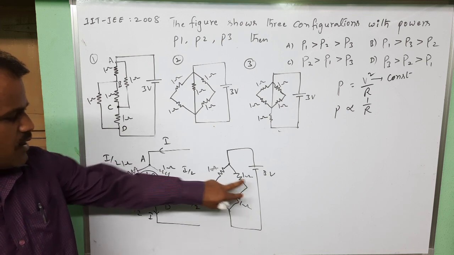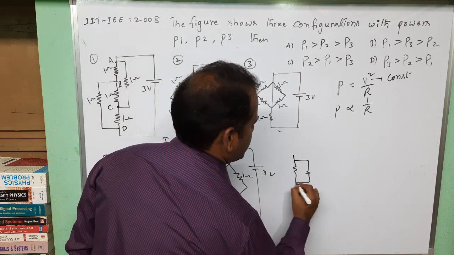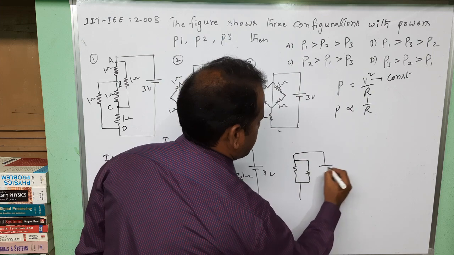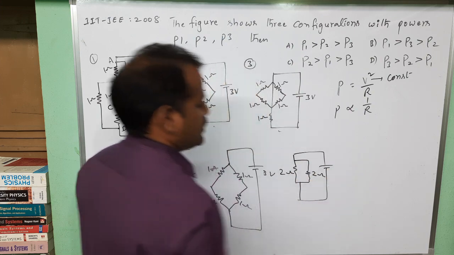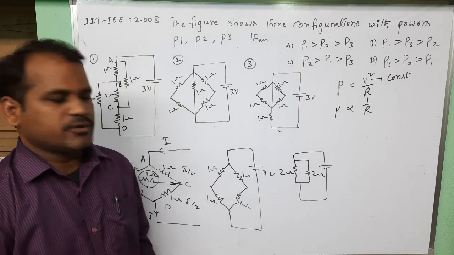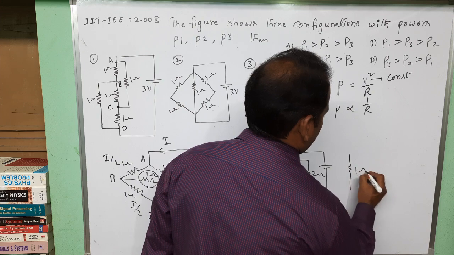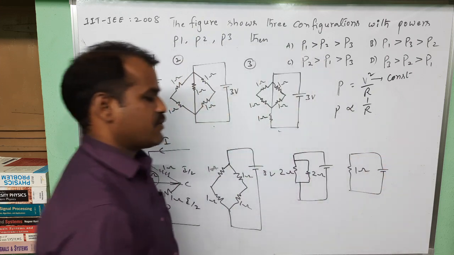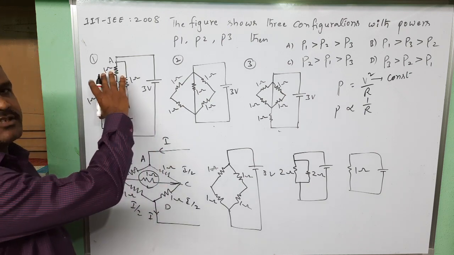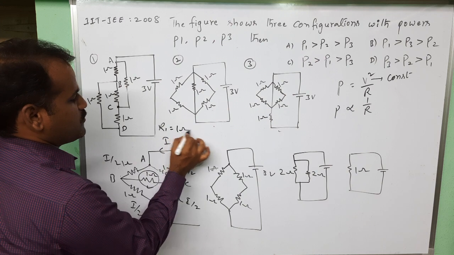That means this is 2 ohm and this is 2 ohm. A 2 ohm in parallel with the other 2 ohm is 2 by 2, equal to 1 ohm. So the equivalent resistance for the first configuration is 1 ohm.